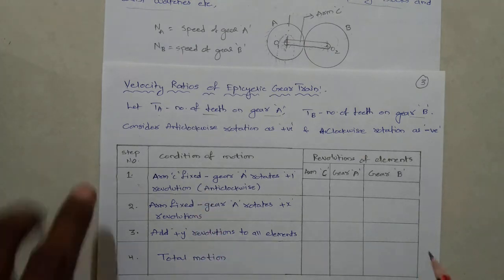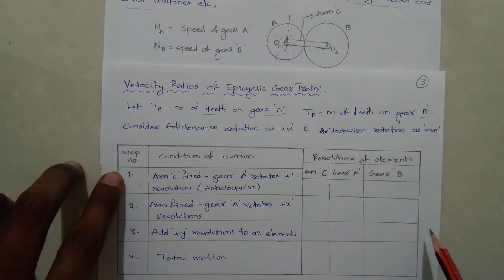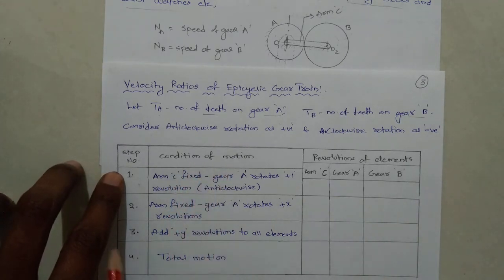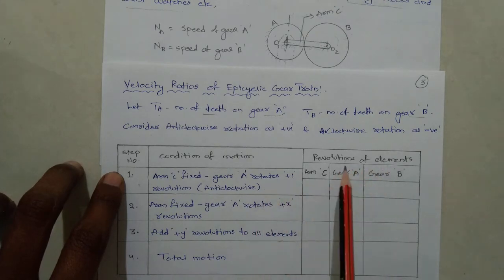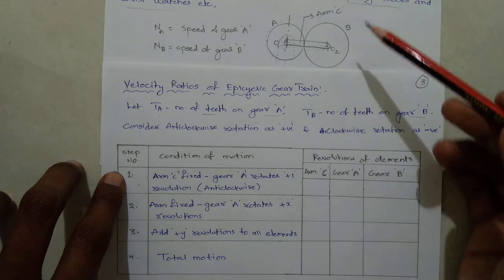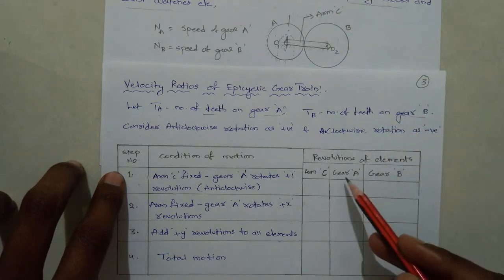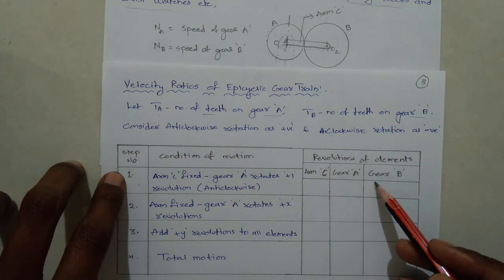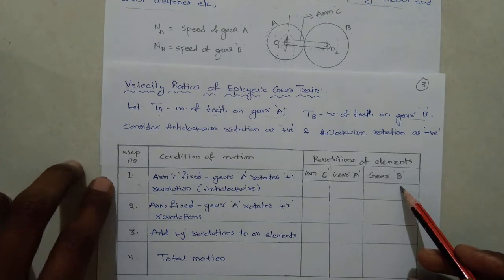See here, this is step 1. We can see the first row, and next one is condition of motion, and next one is revolutions of elements. Revolution is nothing but speed or RPM. In the first column we have arm C, so arm C revolutions. In the second column we have gear A, and in the third column we have gear B, right?